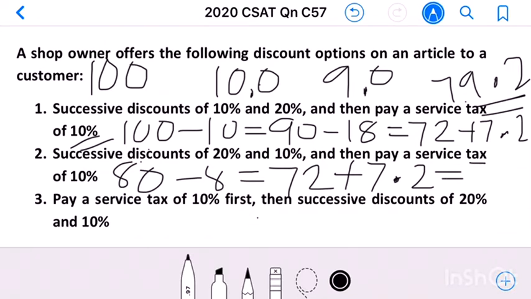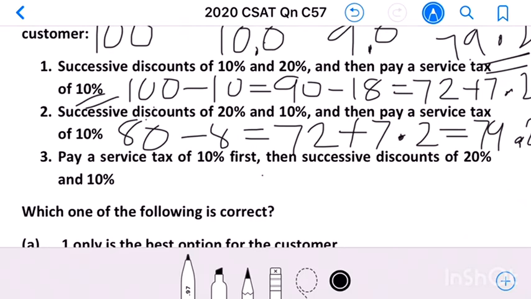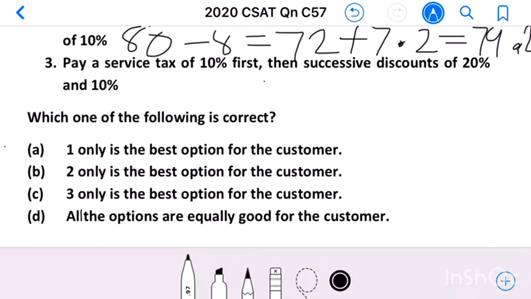We get 79.2, which is the cost of the article based on the second discount option. So here the first discount option and the second discount option are equally good. Therefore our answer is option D. All the options are equally good for the customer.